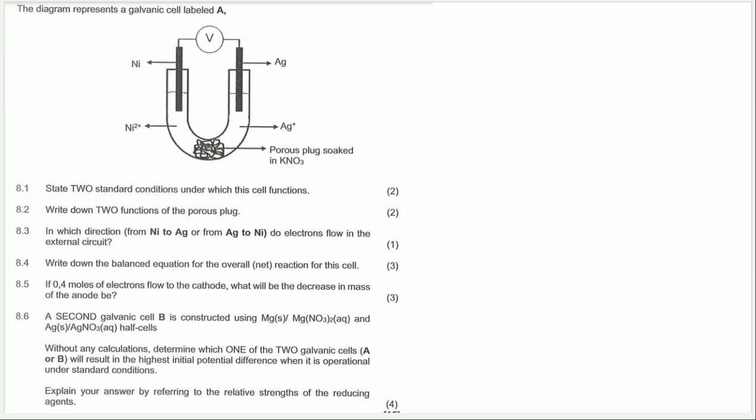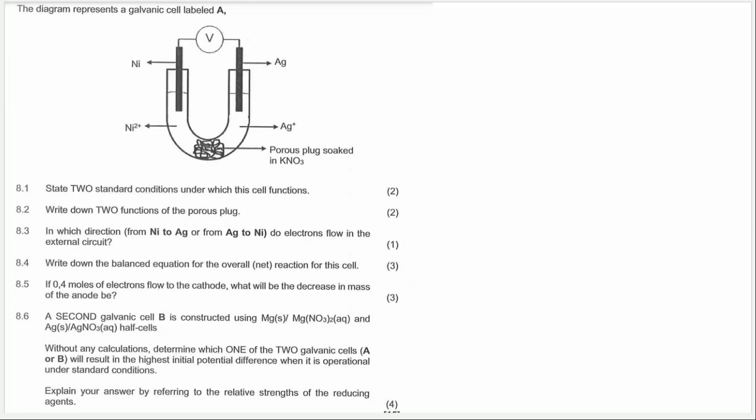Before answering any of the questions on this diagram, you can see that there's nothing much given in the statement. The statement just says the diagram presents a galvanic cell labeled A. That's it. There's nothing more said about what is going on here.